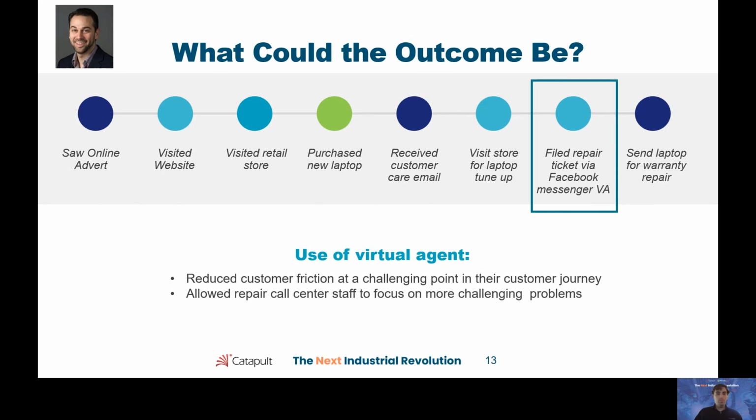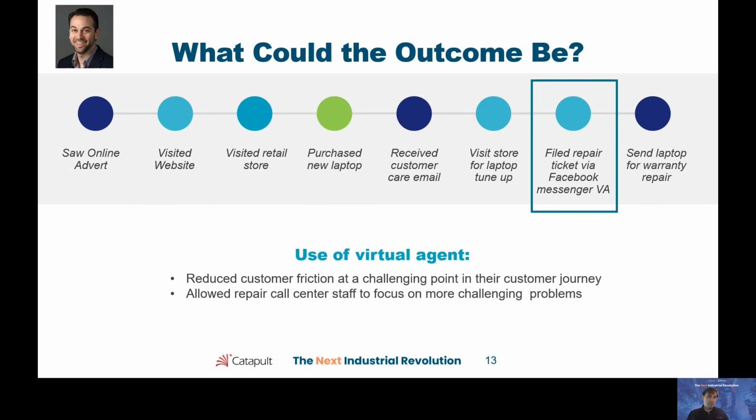And so rather than having to call during the workday and getting frustrated at being given the run-around on a phone tree, he's come to Facebook and he's been able to do it that way, or one of many other ways that you could do it as well. So a really challenging point in the journey, you've really helped him reduce friction there.